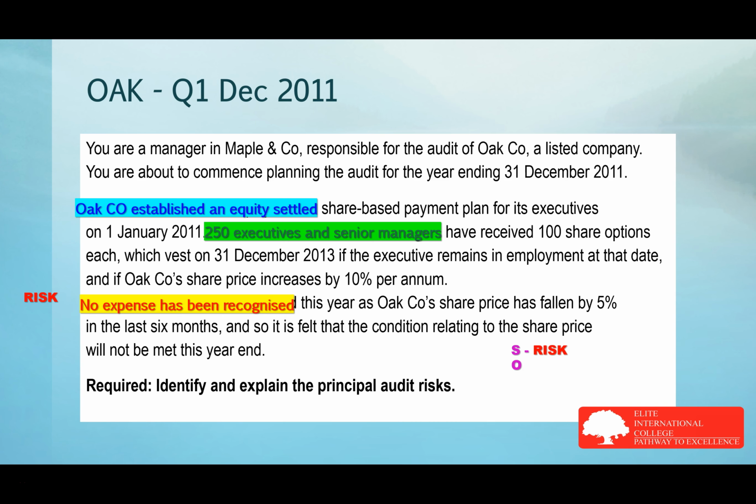No risk in options granted because that was granted at an earlier date. Risk that fair value not calculated at the grant date. No risk in timing because the plan was established on 1 January, therefore time apportionment not necessary. And risk that deferred tax asset not recognized.